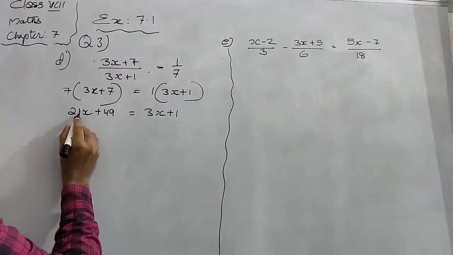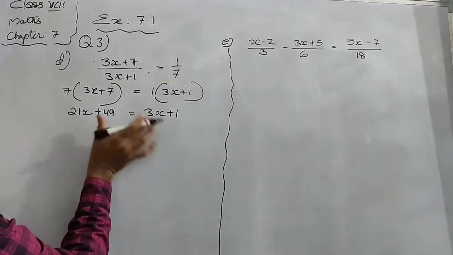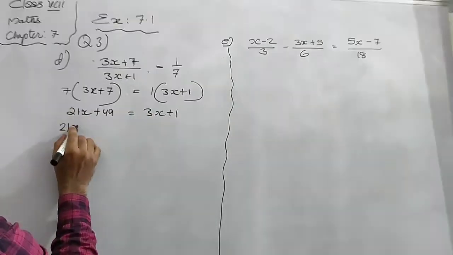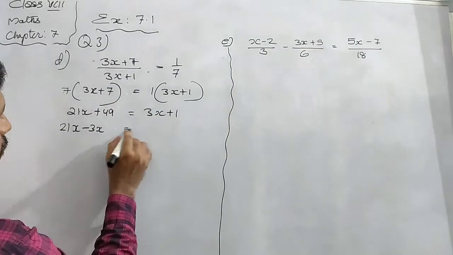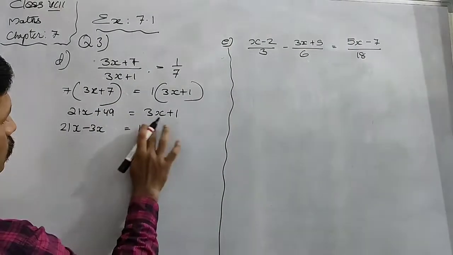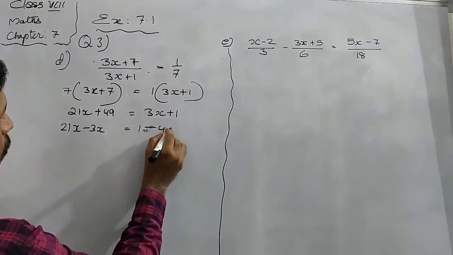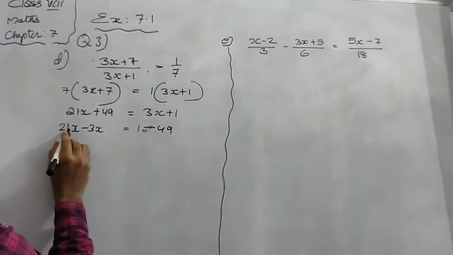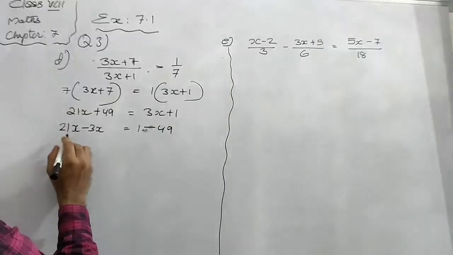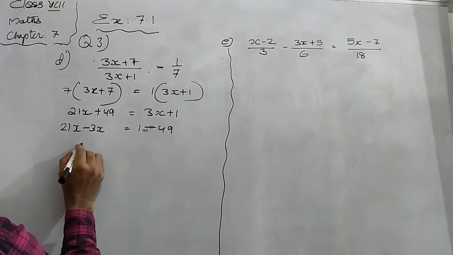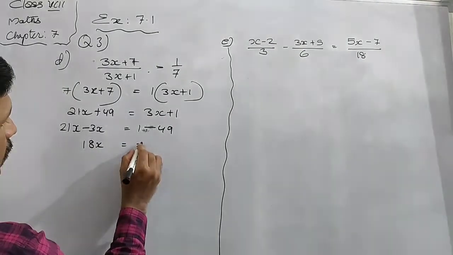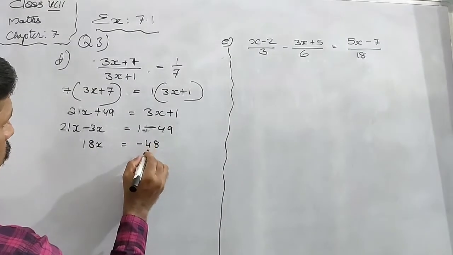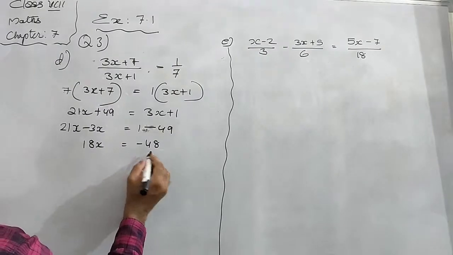Now x and x, you can see on both sides, we bring to one side. 21x minus 3x, and this 49 I am going to take to the other side, 1 plus 49 changes to minus 49. So 21x minus 3x we subtract, then we get 18x is equal to negative 48. 1 minus 49 is equal to negative 48.